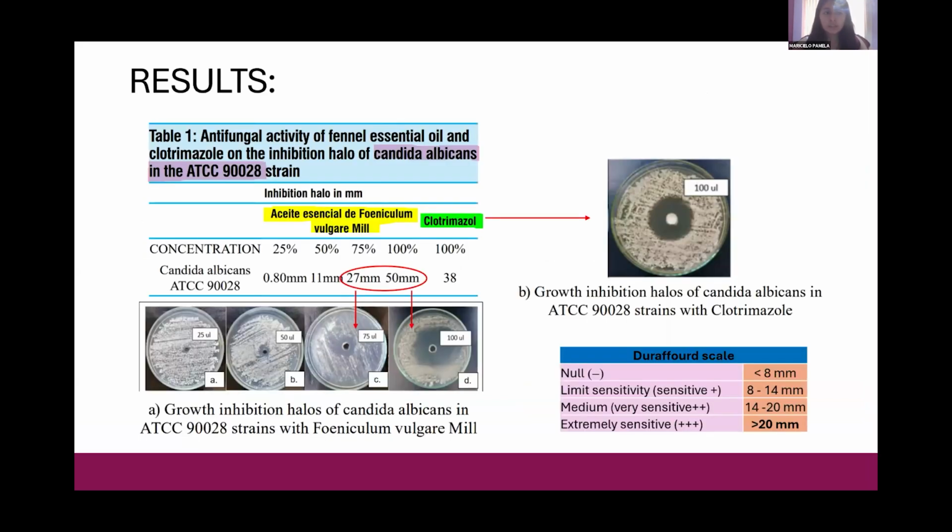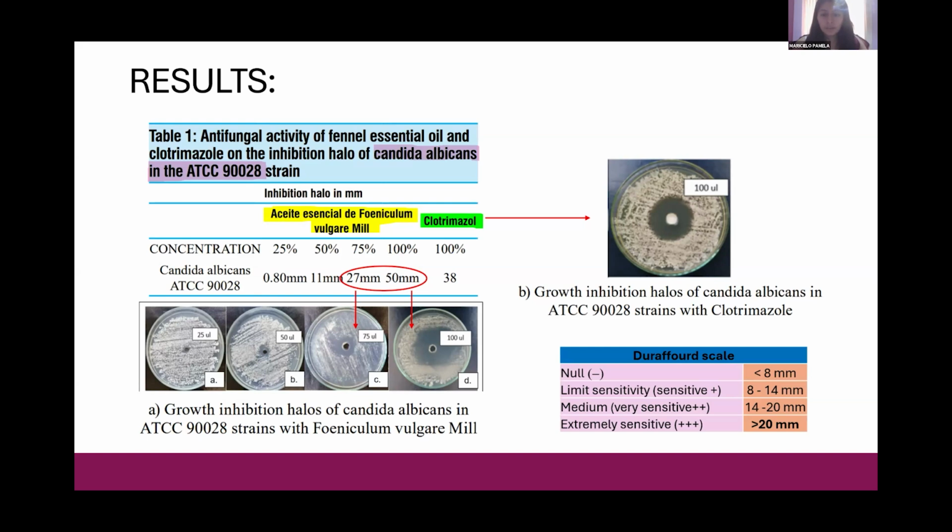In this article, the result is that the antifungal effect of different concentrations of the essential oil was found at 25%, 50%, 75%, and 100% through the growth of the inhibitors found in the Candida albicans certified ATCC strain, where the inhibitory zone with 100% essential oil was 50 millimeters, and with clotrimazole it was 35 millimeters.